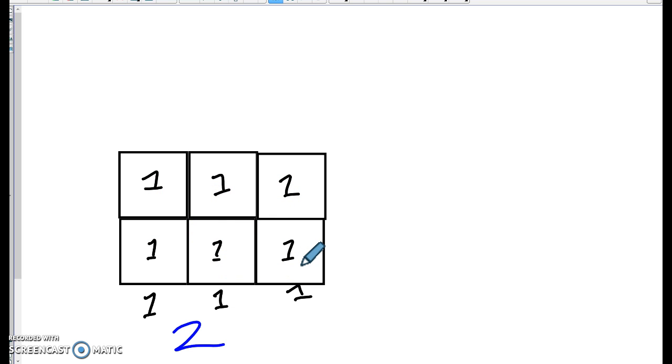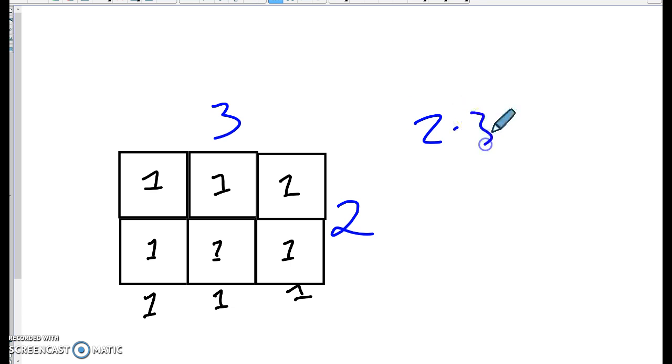And we also know in this case that the length of this rectangle is 3. It's 3 boxes wide, and the height of it is 2, since it's 2 boxes high. And we know that 2 times 3 equals 6. And that's how we're finding the area.